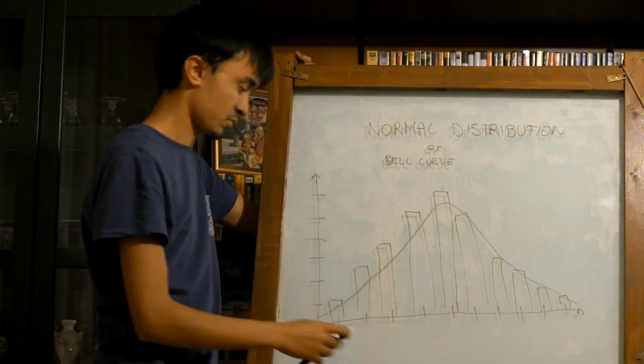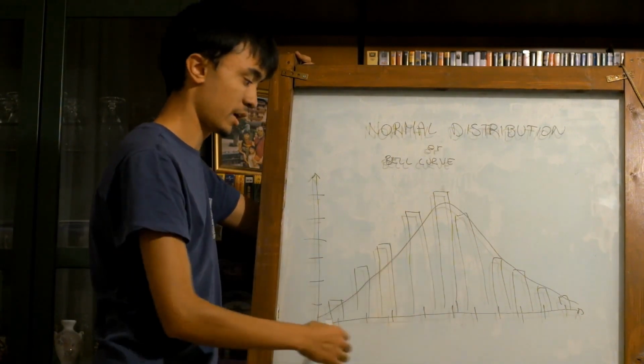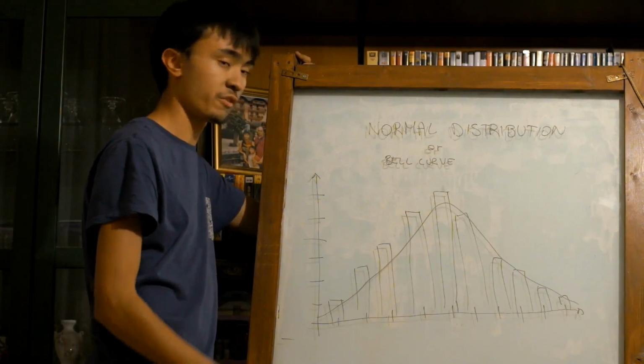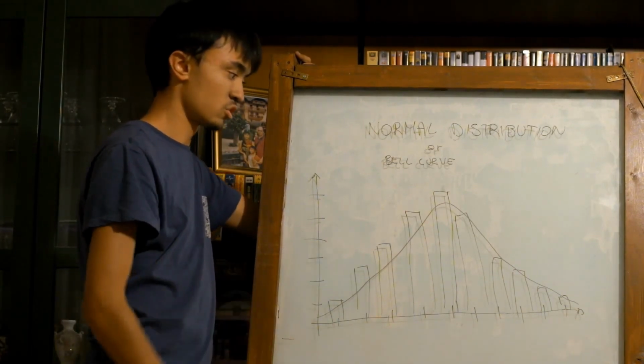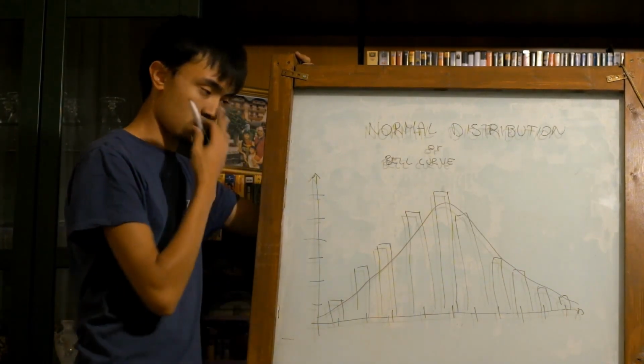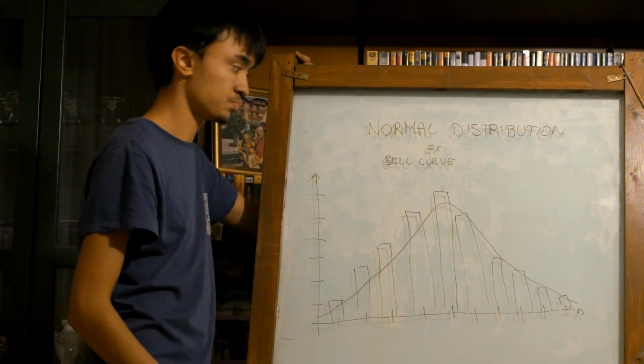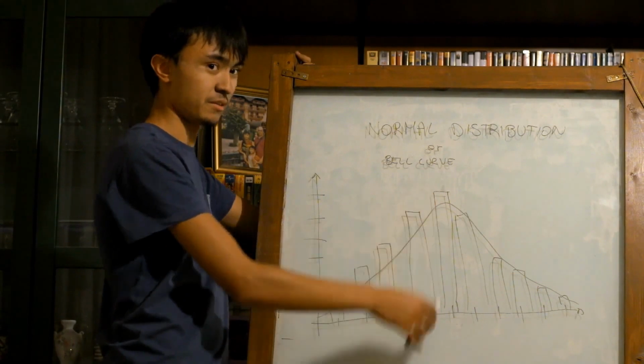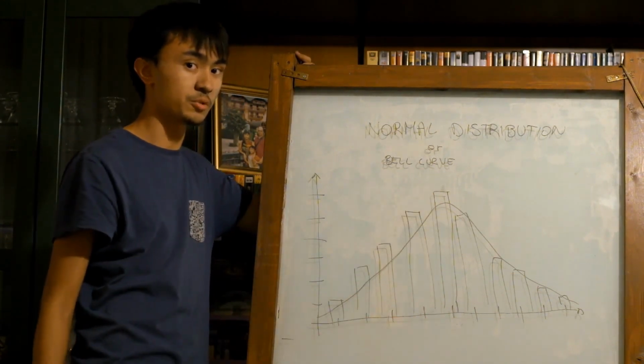This curve, that sometimes we show with a line, has particular properties. In fact, we can draw it with only two values. Guess what? The mean and the standard deviation.